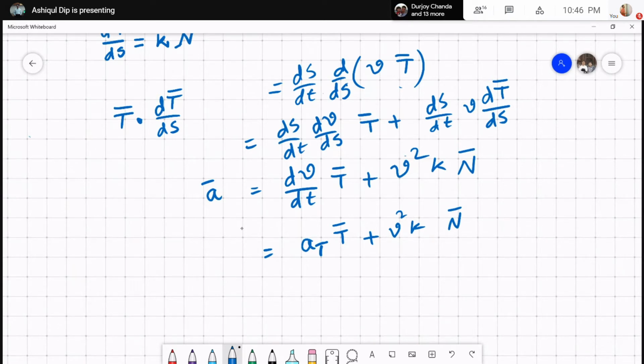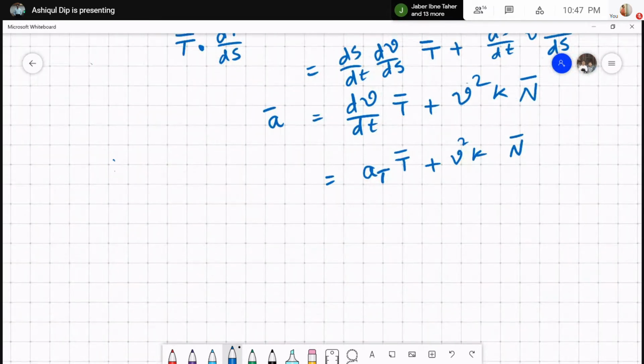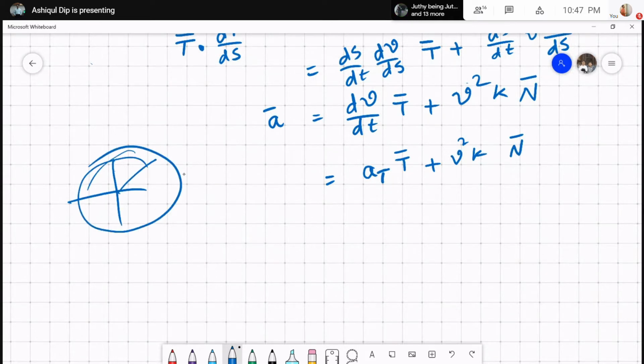Next, what's the interpretation of this k? So let's do the math for circular motion. If our particle was moving on a circle of radius r that is not changing, then this r is related to the s.